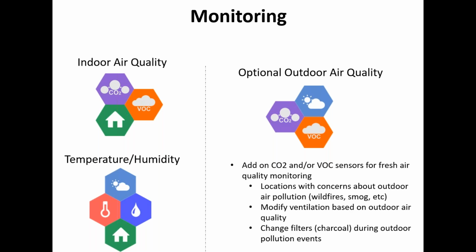So do you change your filtration level? Do you change how the system operates in terms of bringing fresh air in? These are things we can do by sensing the outdoor air quality as well as the indoor air quality.